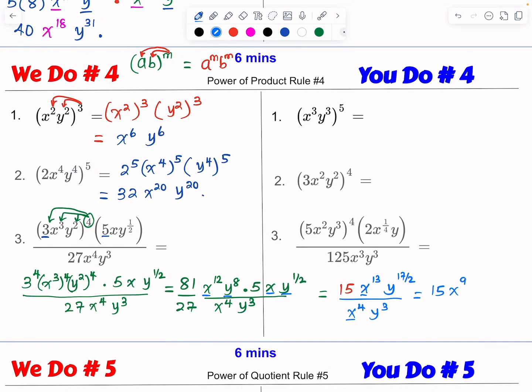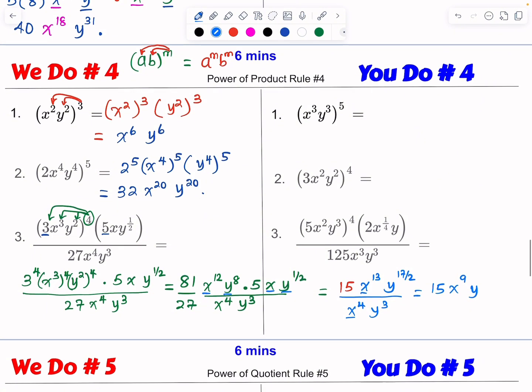And then y to the power of 17 over 2 minus 3, that one should give me 11 over 2. I hope I'm right. That one should give me 11 over 2. Make sure you check my calculations, and you are going to solve the one on the right.